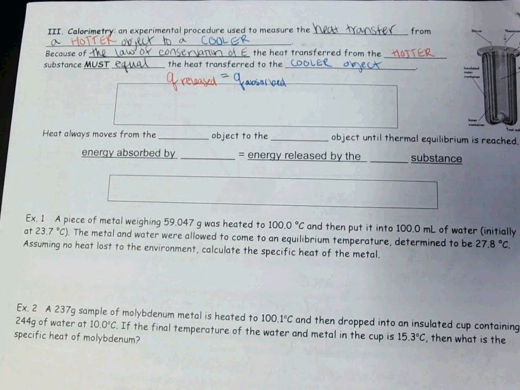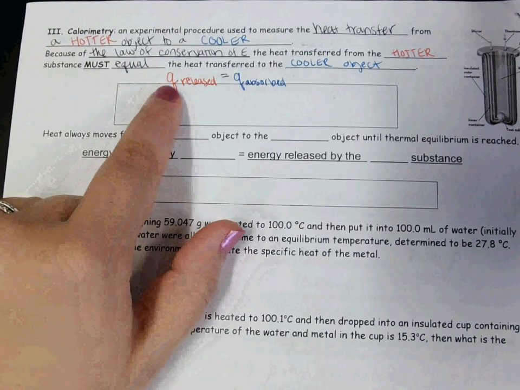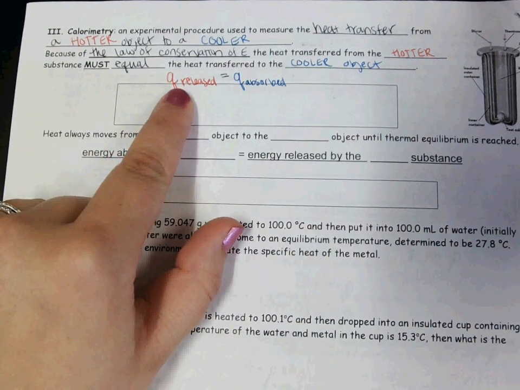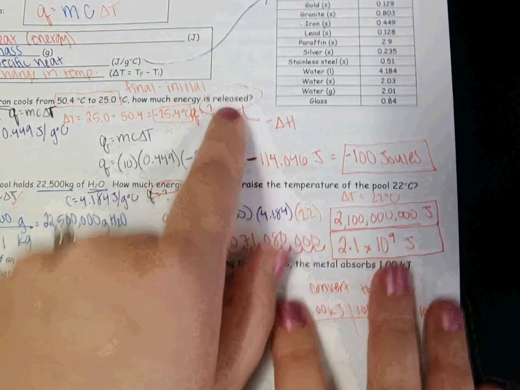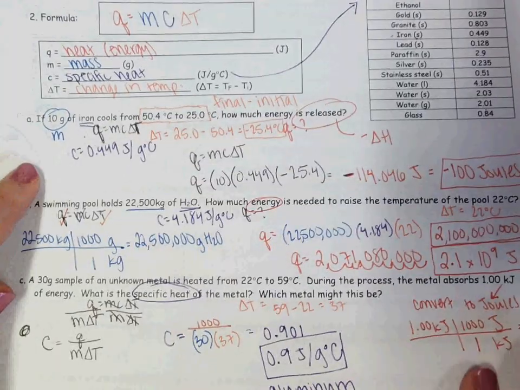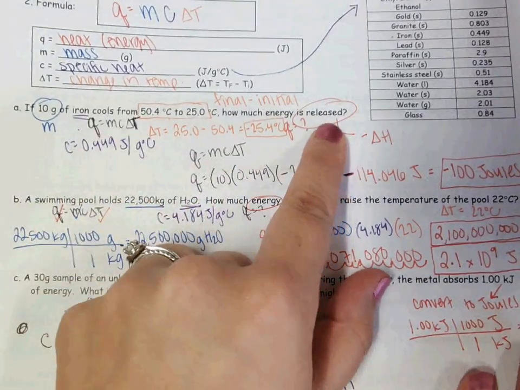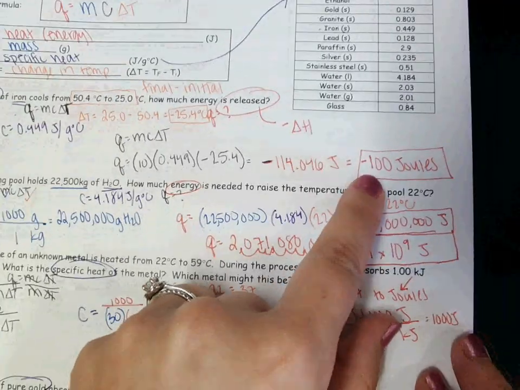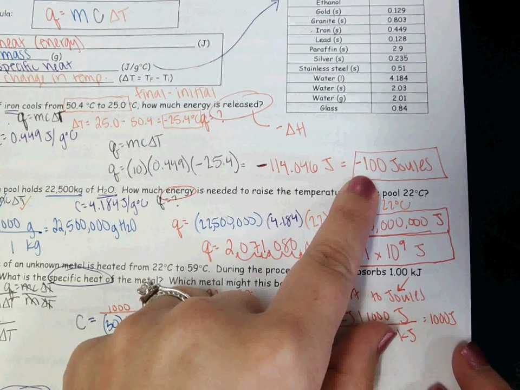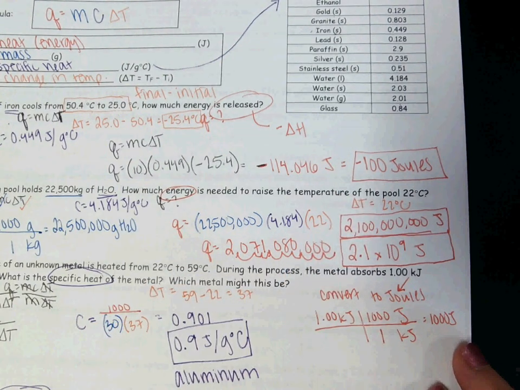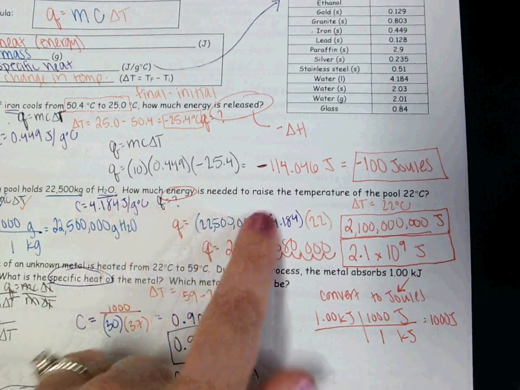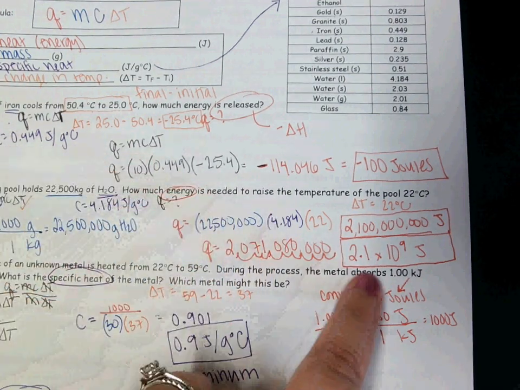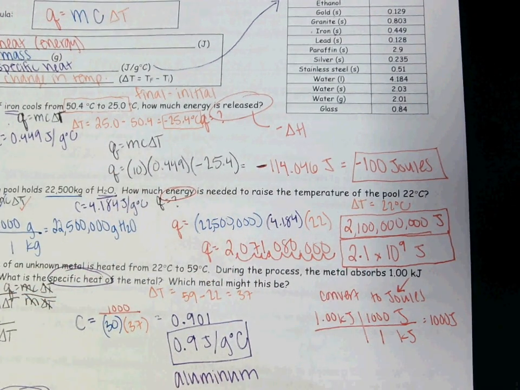But what makes this make sense mathematically is that when you calculate the Q value of something that is being released, if I look at the one I just came from on this page, for example, question A, if energy is being released, then when you calculate your Q value, your Q is a negative value. So we are going to put that in our same equation. When you are absorbing, so this one, energy is needed, it's absorbing energy, it's a positive value.